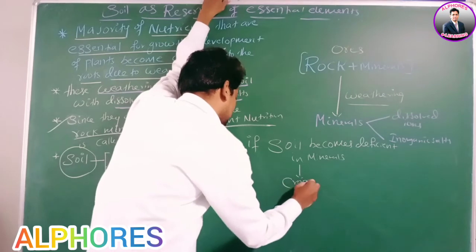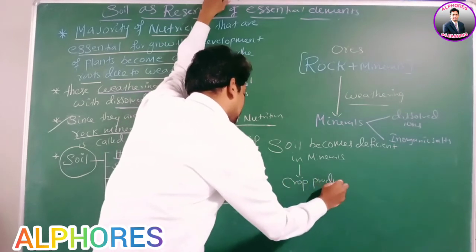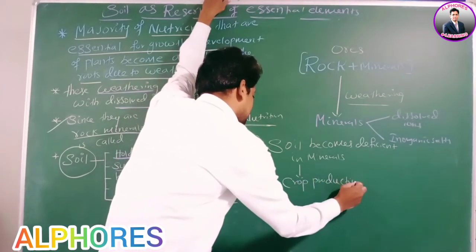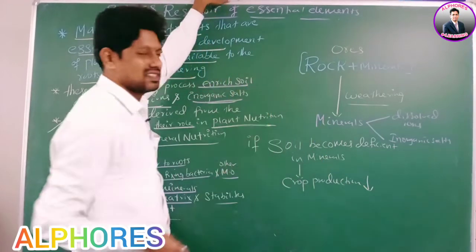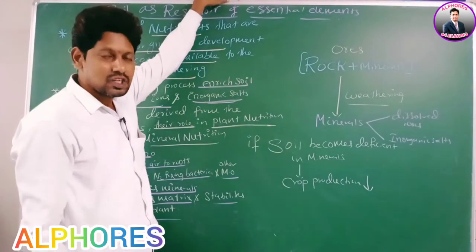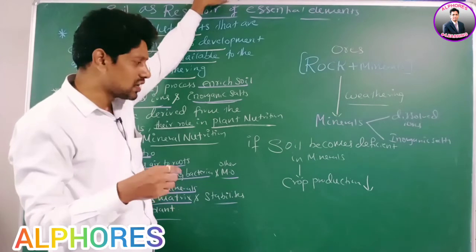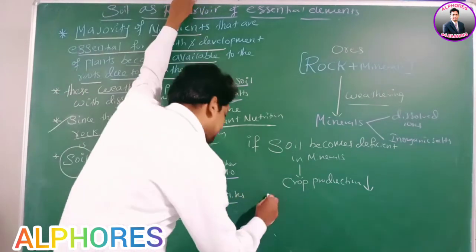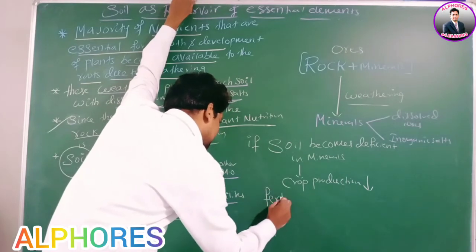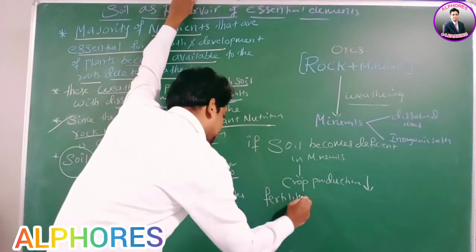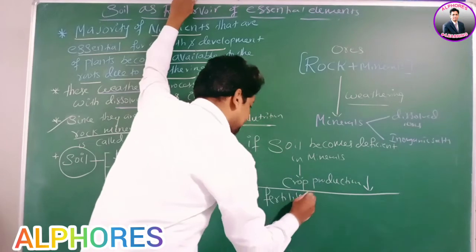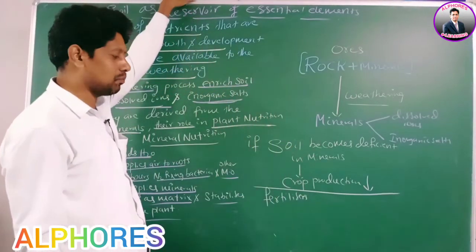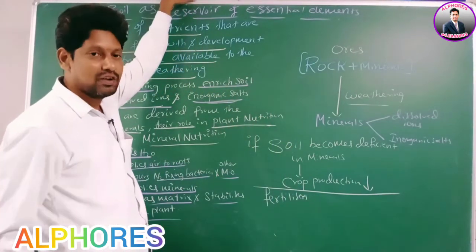Crop production decreases, crop yield decreases. So what does a farmer have to do? He has to supply these deficient minerals in the form of fertilizers. In the form of what, sir? Fertilizers. Therefore, deficient minerals are supplied to plants in the form of fertilizers.